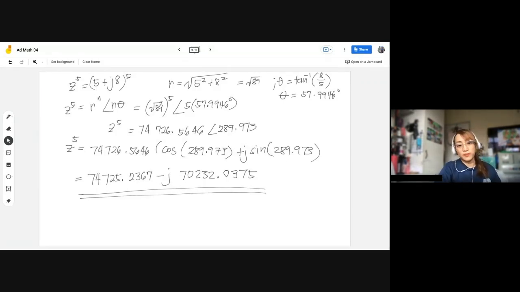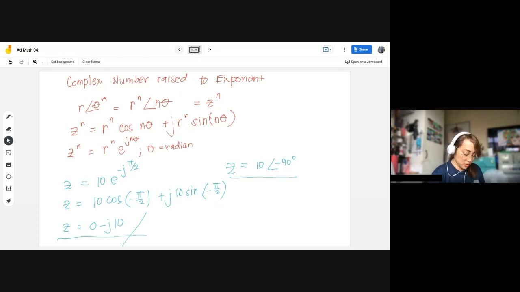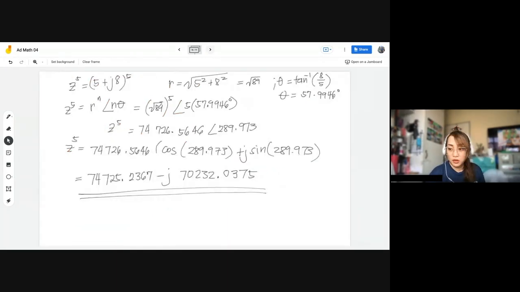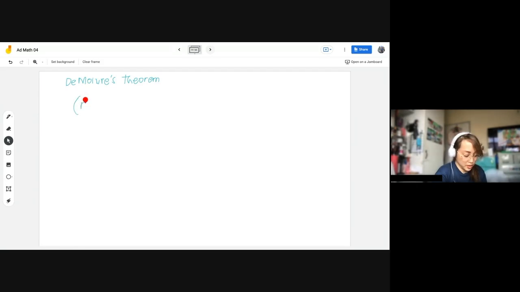So this form, again, is what you call the DeMoivre theorem. Okay? One is this one. Another, DeMoivre's theorem, is R angle theta to the root. It should be R to the 1 over n, angle theta plus k times 360 degrees over n.